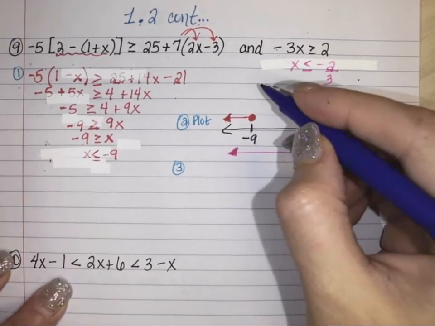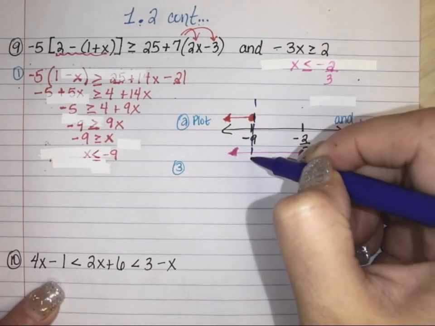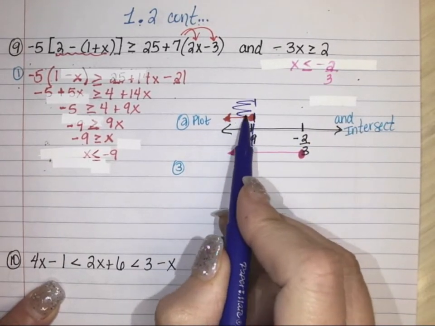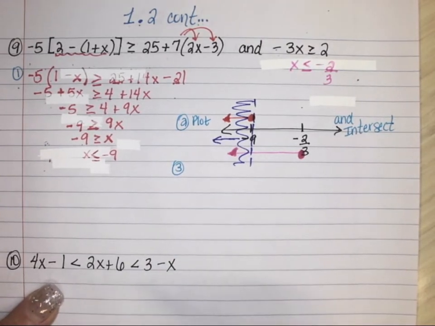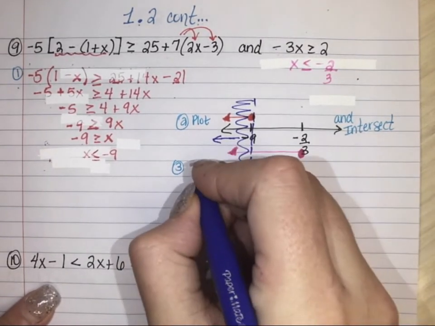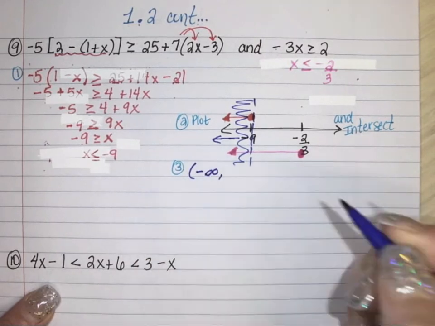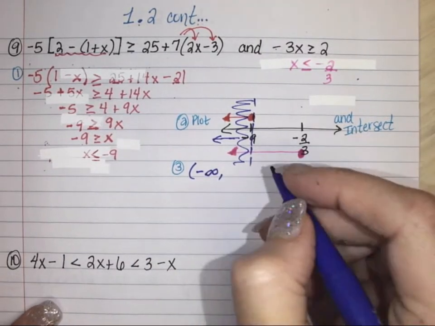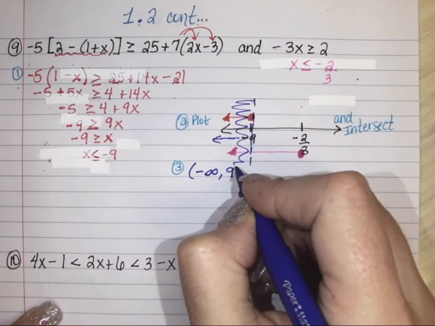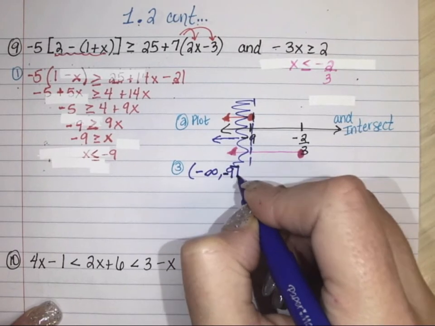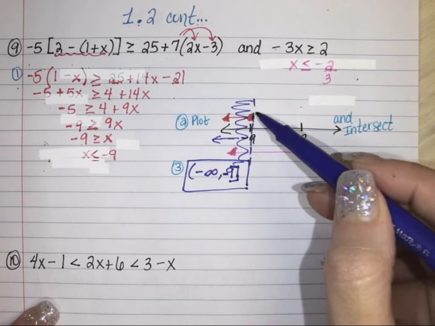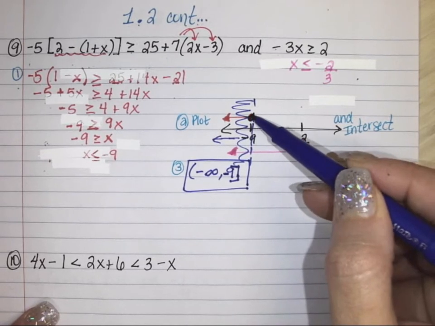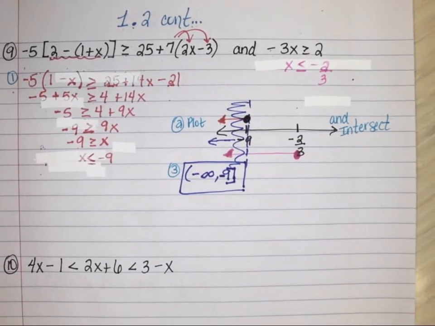Notice that both of them start overlapping here on this side and keep overlapping to negative infinity. So from negative infinity all the way to negative 9, bracket. And negative 9 was included on both. It was filled in here and it's filled in here.